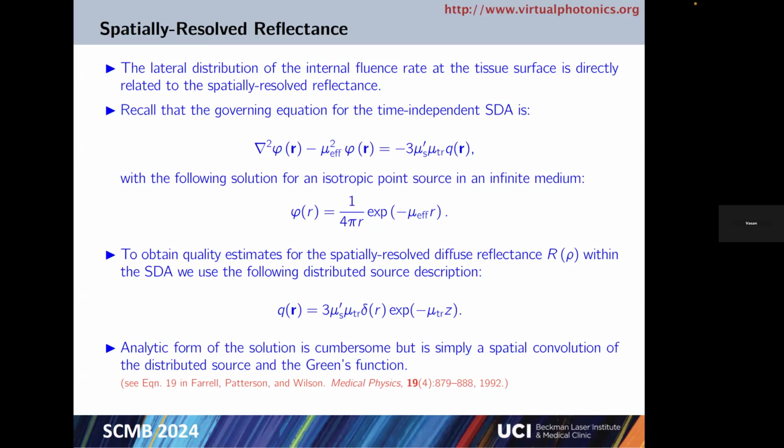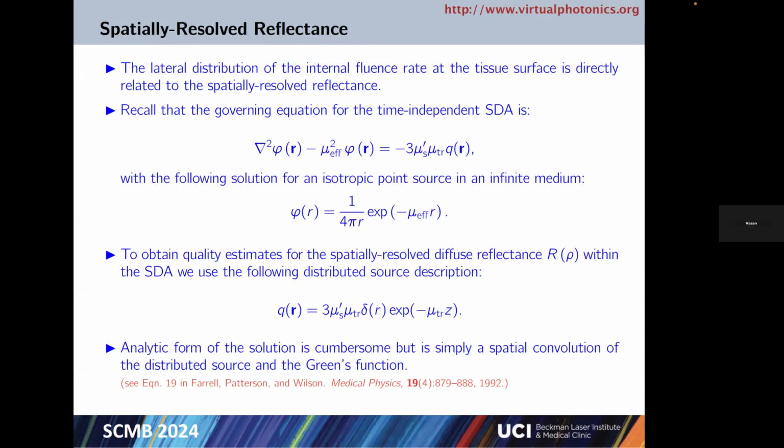The main attenuation coefficient is this mu effective parameter, which I should write here in case you're not familiar with that. That's a square root of 3 times mu A times mu S prime plus 1. I didn't put mu effective on this chart.